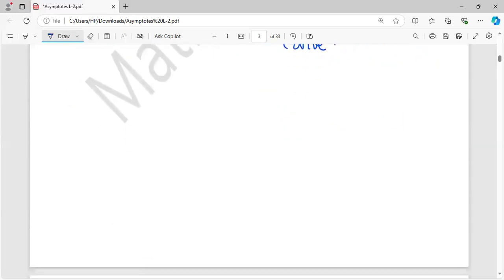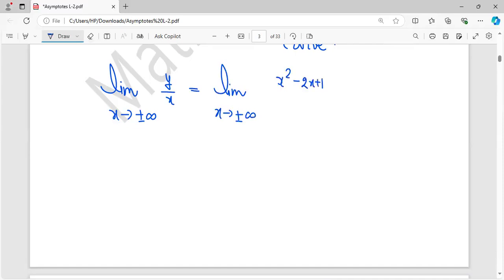Now we have to find horizontal or oblique. So check the limit as x tends to plus minus infinity of y upon x. What is this? This is the limit of (x square minus 2x plus 1) upon x(2x plus 3). This limit is nothing but 1 by 2. Let's calculate it.